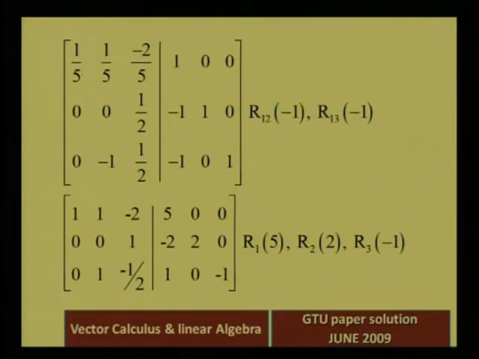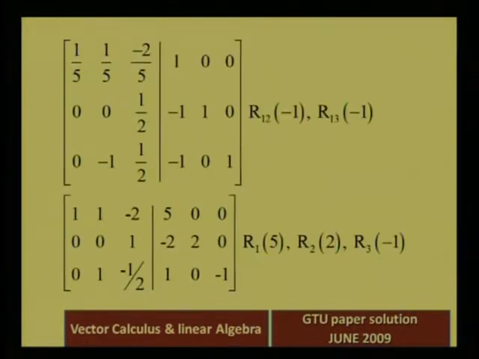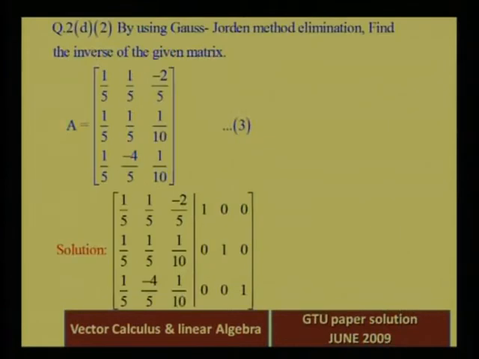So here are some row operations. This is 1 upon 5, 1 upon 5. What is our first process? We multiply the first row with minus 1 and add it into the second row, and multiply the first row with minus 1 and add it into the third row.